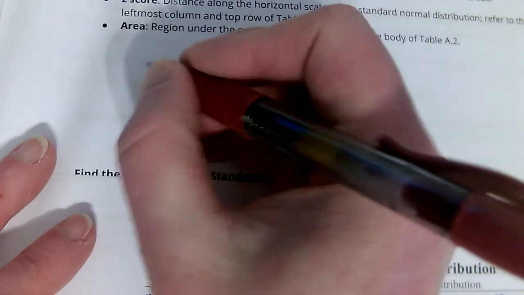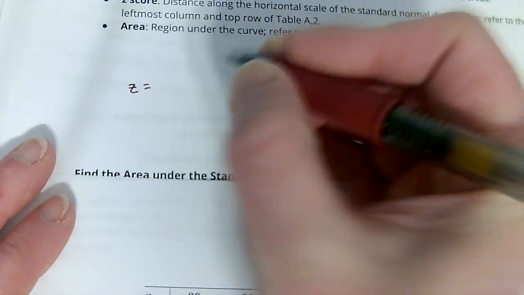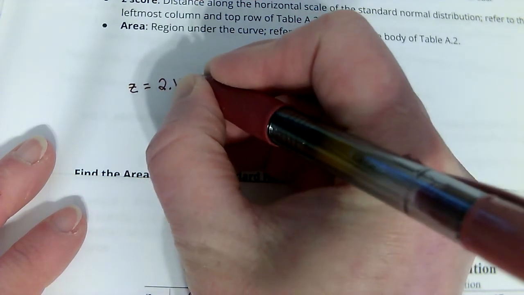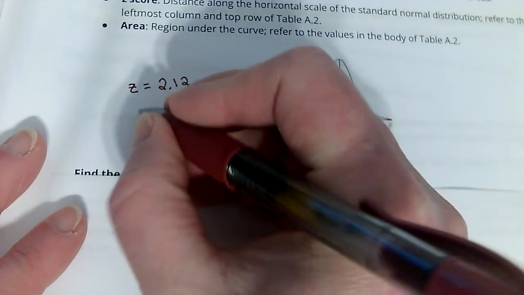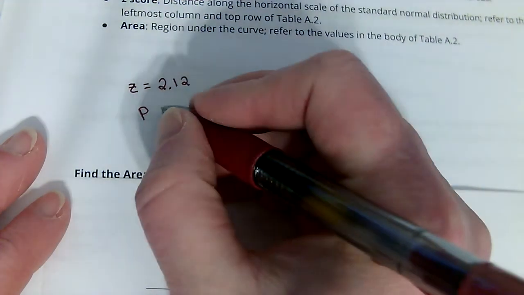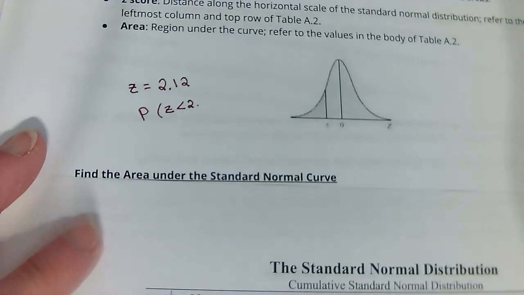What if my z-score was 2.12, and I'm trying to find the probability of being less than that, z is less than 2.12?